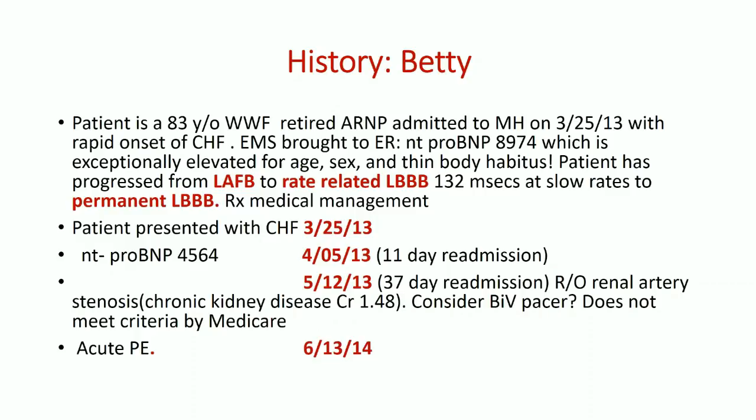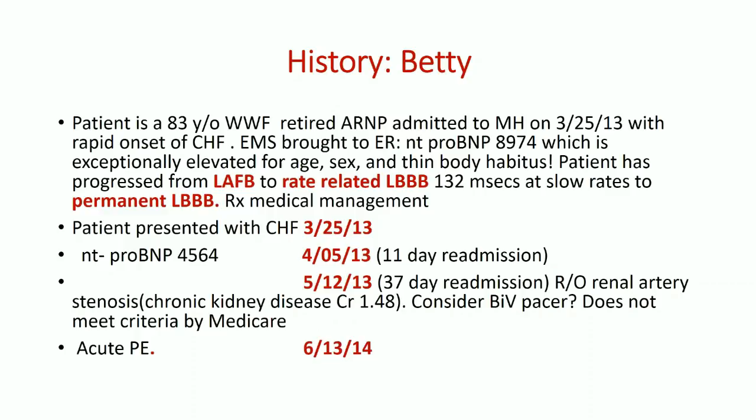And the patient has progressed in terms of her EKG, which we always look at for damage, from left anterior fascicular block to then developed a rate-related left bundle branch block where it was related to phase 4 depolarization, which meant that when she had a slow heart rate, she then had left bundle branch block. And then later that progressed to permanent left bundle branch block.